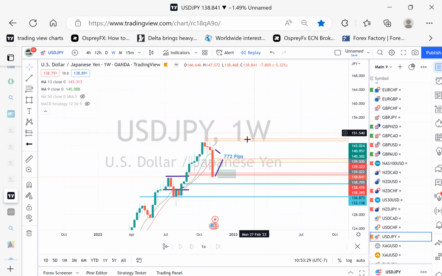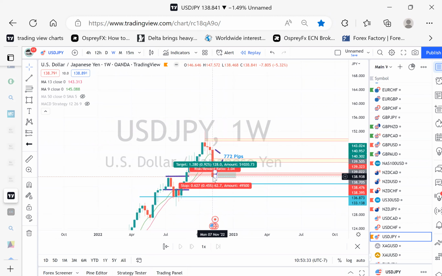Now, I know this is a weekly chart, but if this is a 15-minute chart, it only takes that one 15-minute candle to go the opposite direction. This next 15-minute candle is going to retest and push away. So that next candle should be enough to tell you what's happening. Either the price is going to come back across and give you a bullish 15-minute candle, or it's going to keep going bearish. And if it keeps going bearish, then you can start cutting your hedge and go in the opposite direction.